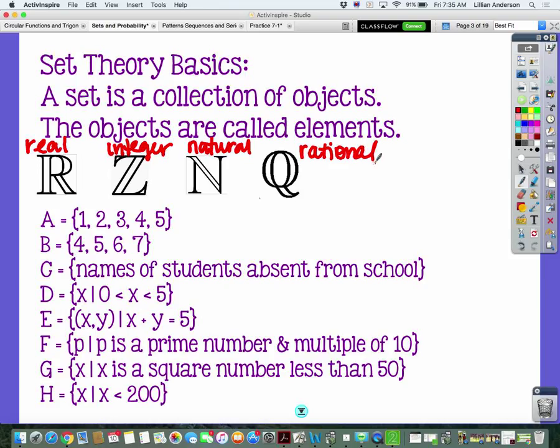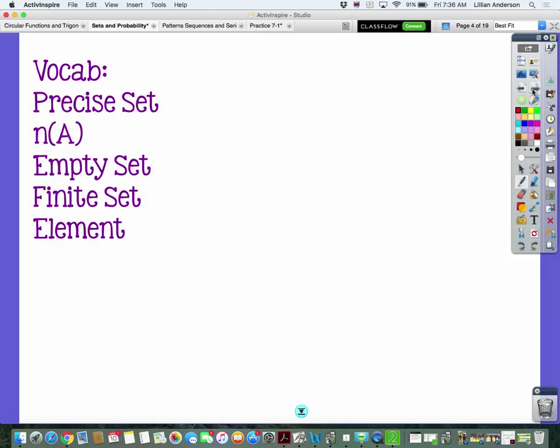So, here are the different types of sets. D, E, F, G, and H are all written in the set notation that we've dealt with before. Now, here's some vocabulary that we're going to cover: a precise set, n of A, empty set, finite set, and element.